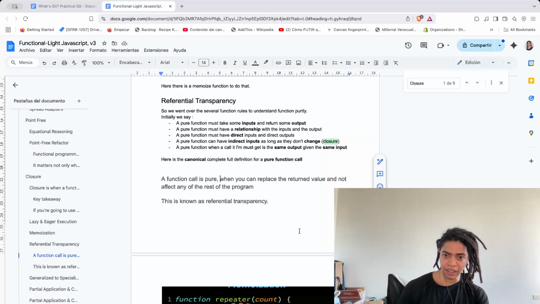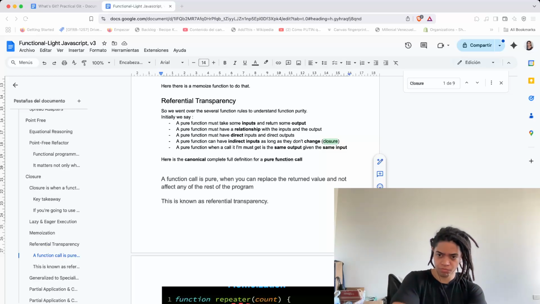It turns out referential transparency is a really key idea. In a language like Haskell, the granddaddy of functional programming, referential transparency is a key characteristic of the language and of the compiler.